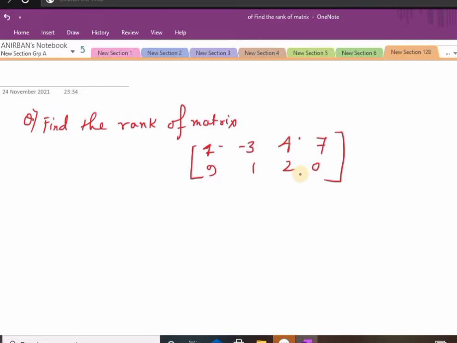So now how to determine the rank of this type of matrix, because it is not a square matrix? This is a 2 cross 4 order matrix, not a square matrix.